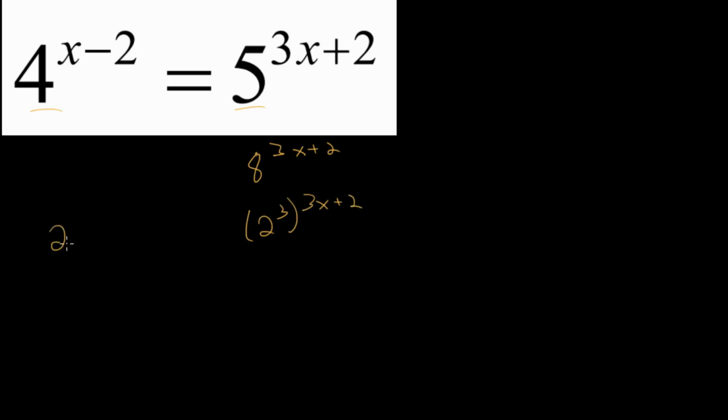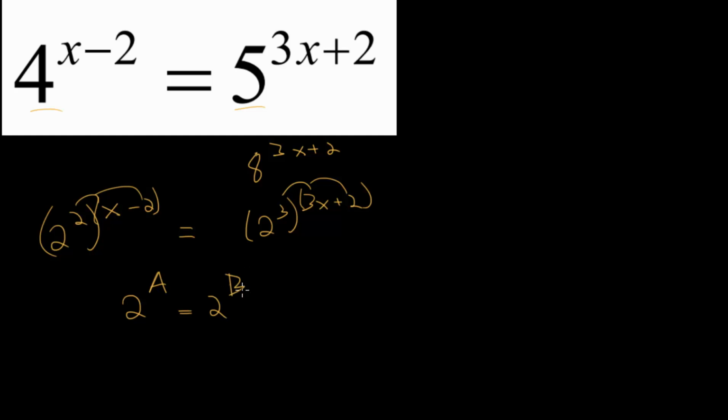We could rewrite this as 2 squared. And again, we'll just use exponent properties. We will essentially just distribute the 2 to each. We distribute the 3 to each of these, since an exponent to an exponent is multiplication. And then it would be 2 to something is equal to 2 to something else. And for this to be true, A would have to be equal to B.